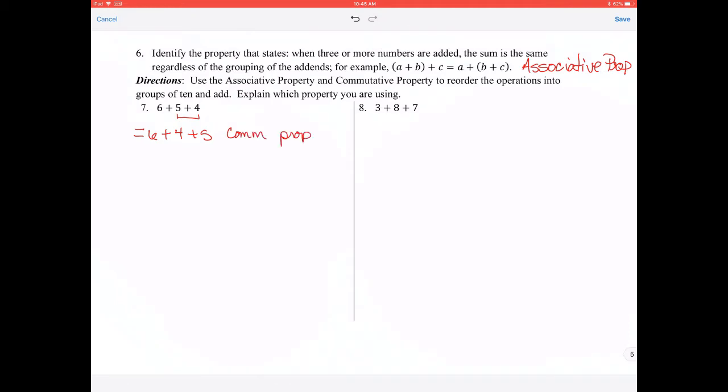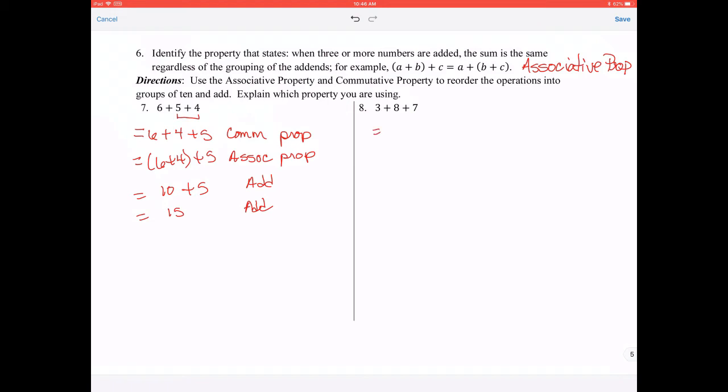Then the next thing I'm going to do is group 6 plus 4 plus 5, and that's the associative property. So 6 plus 4 is 10 plus 5, and I added. And 10 plus 5 is 15. And I added again.